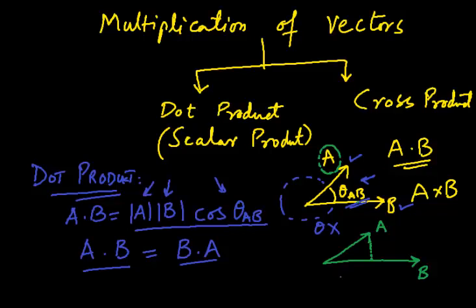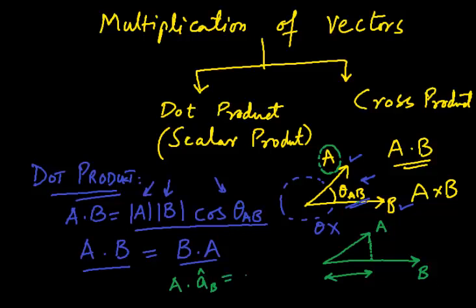So this is actually the projection of A along B, and mathematically, you multiply the vector with the unit vector of the other vector on which you want to find the projection along.